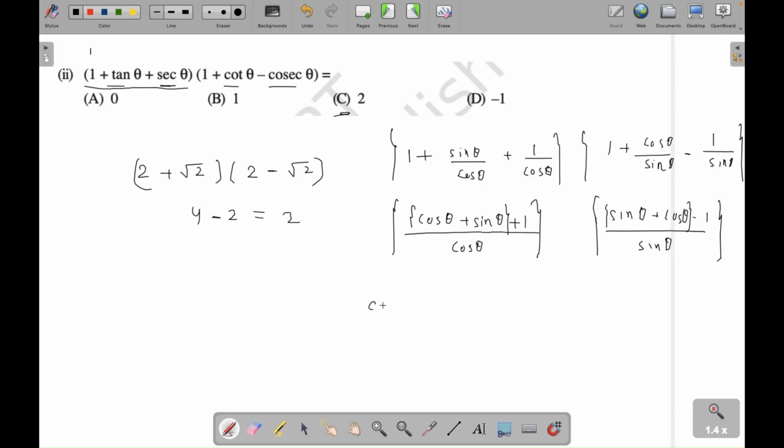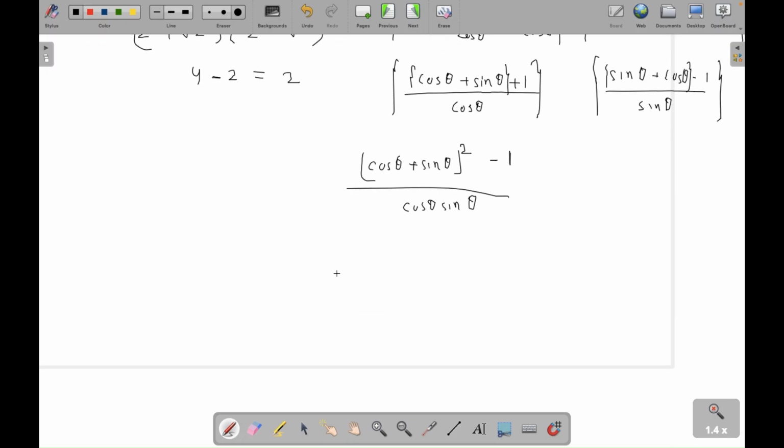So it will become cos theta plus sine theta whole square, because this is A, and then minus 1. In the denominator, these two will be multiplied, so cos theta sine theta. If you simplify this, we'll get cos square theta plus sine square theta, that is A square plus B square plus 2AB, so plus 2 cos theta sine theta minus 1 upon cos theta sine theta.